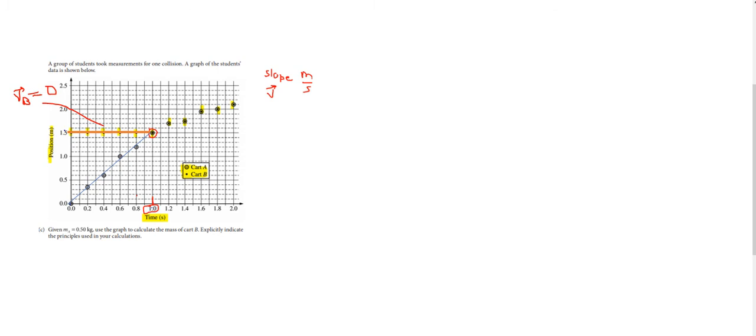So your rise is 1.5 divided by your run, which is 1. So that means that the velocity of A, before the collision, is 1.5 meters per second. Okay, so we have that.